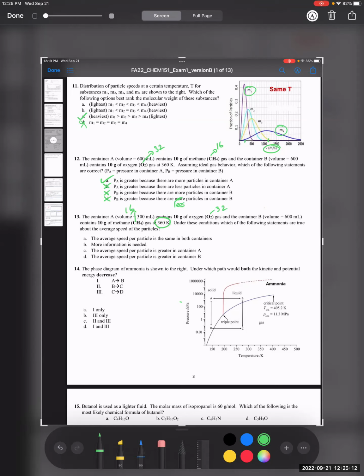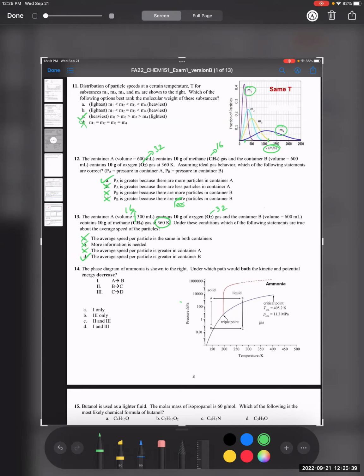So, the average speed per particle is the same in both containers? That is not right. More information is needed? No, we have enough information. The average speed per particle is greater in container A? No, in container A we have oxygen, so that is out. Therefore, the correct answer is option D. The average speed per particle is greater in container B because you have lighter methane particles there. So that's the correct answer.